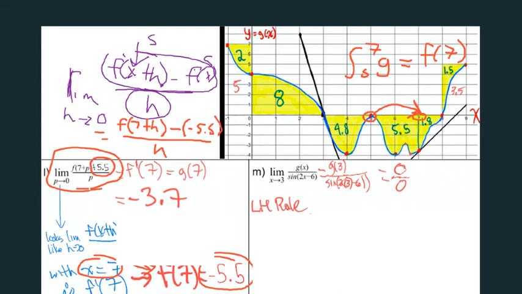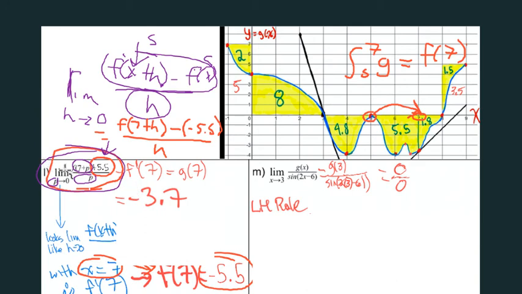That's my answer. So again, how did we go about doing that? Well, you look at this and you think, okay, it kind of looks like f at x plus h minus f at x all over h, because I see the 7 plus p. So the 7 could be an x value, x plus p, a specific x value. The p could just be h. The problem I have is, what the heck is that 5.5 about?